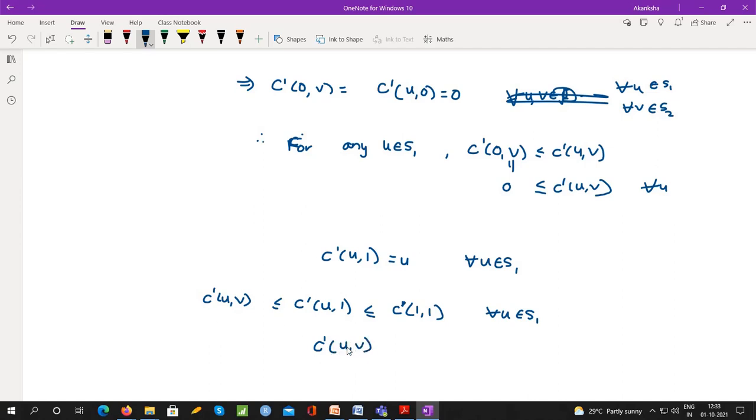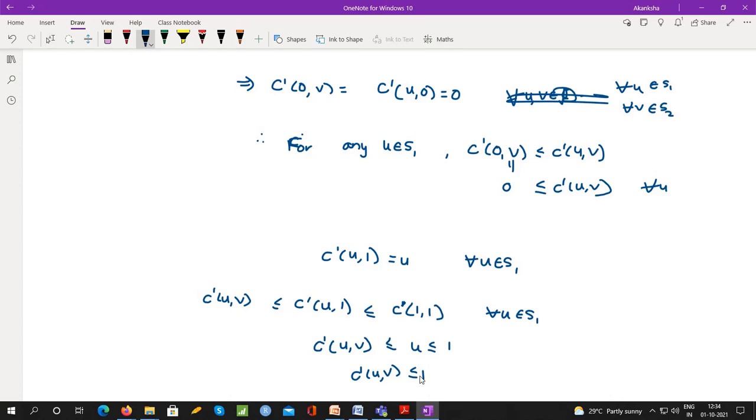Assuming you are awake and listening and following, C prime uv would be less than or equal to u, which is less than or equal to 1. So C prime uv will always be less than or equal to 1.